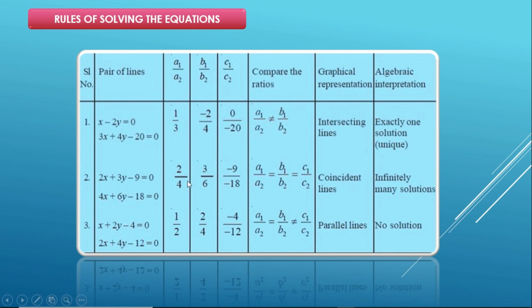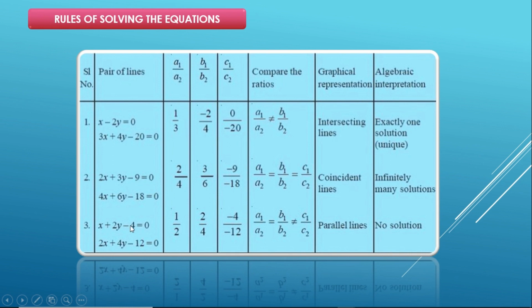Therefore, the comparison of the ratio becomes a1 by a2 is equal to b1 by b2 is equal to c1 by c2. When we get this type of comparison in the ratios, then the graphical representation will be coincident lines. Coincident lines means the two lines in the graph merge with each other, so it will have infinitely many solutions. So this is the second case.